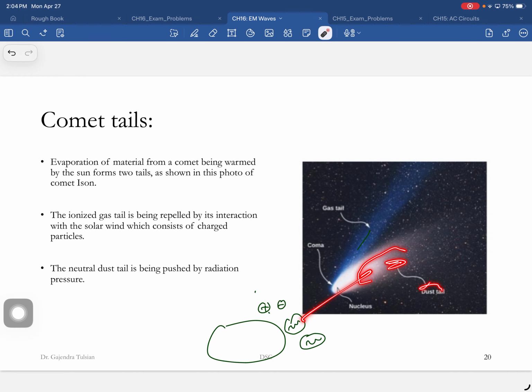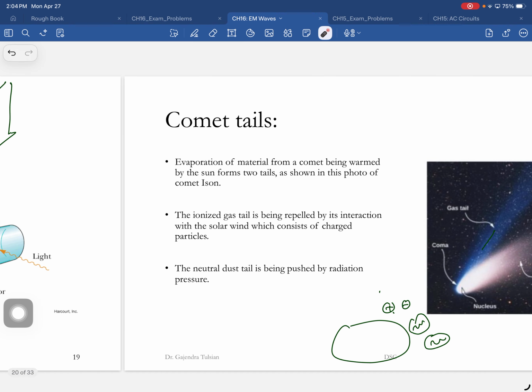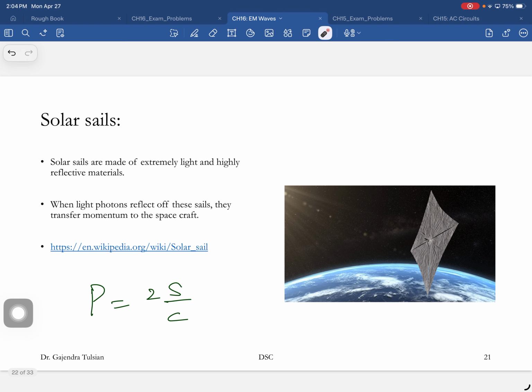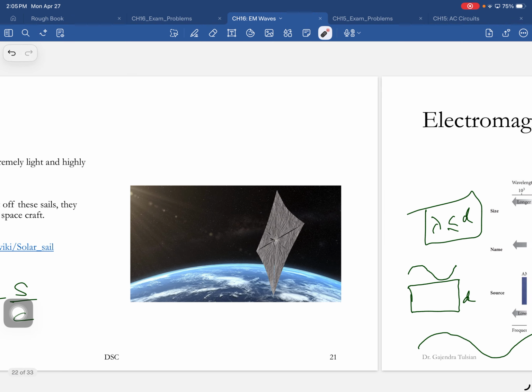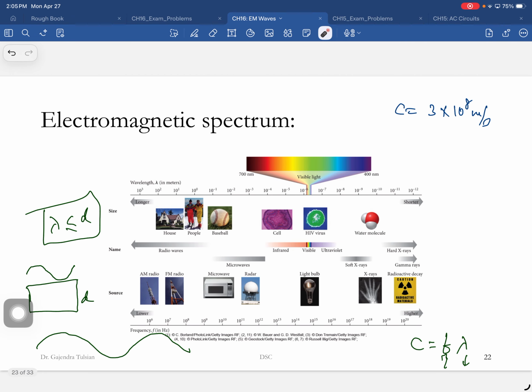You saw how microwaves work. Again, microwaves are electromagnetic waves. Inside your microwave, you set up standing waves and an electric field. The water molecule has a dipole moment. This end of the water molecule is positive, this end is negative.